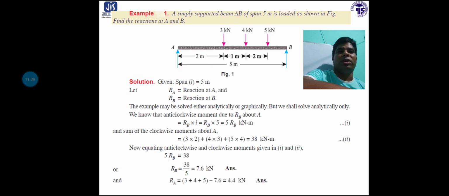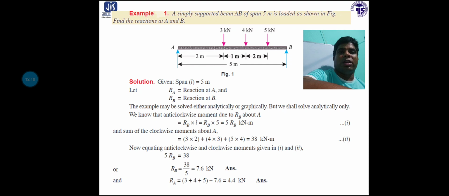That is the case of reactions of a beam where the total system is under equilibrium conditions. Now a simple application: a simply supported beam AB of span 5 meters is loaded. Find the reactions at A and B. At point A the reaction will be RA, and at point B the reaction will be RB. A similar process is followed as in the previous slides that I already explained.